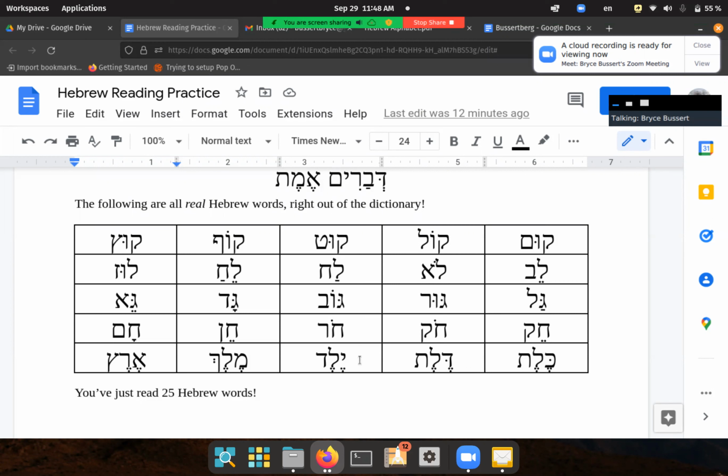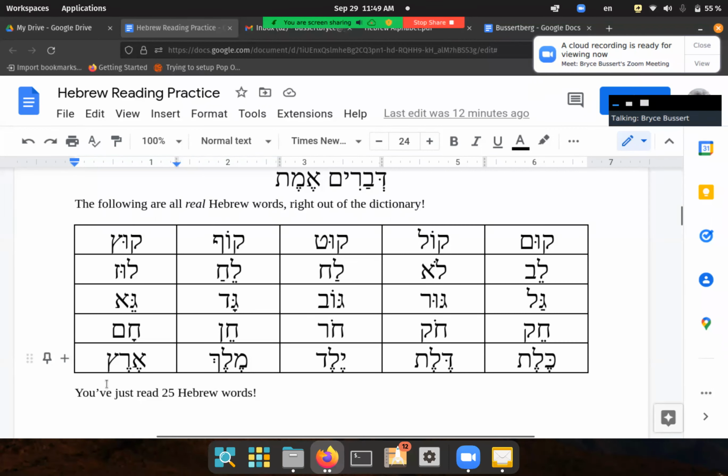Yeled. Yeled. Melech. Melech. This is the final kaf. They drug it all the way down to make sure you didn't think it was final nun. They put 2 dots in there for you. Okay. And then we have eretz. Eretz.